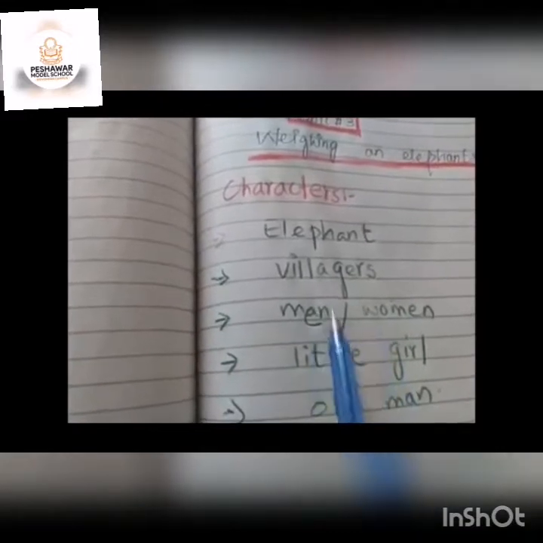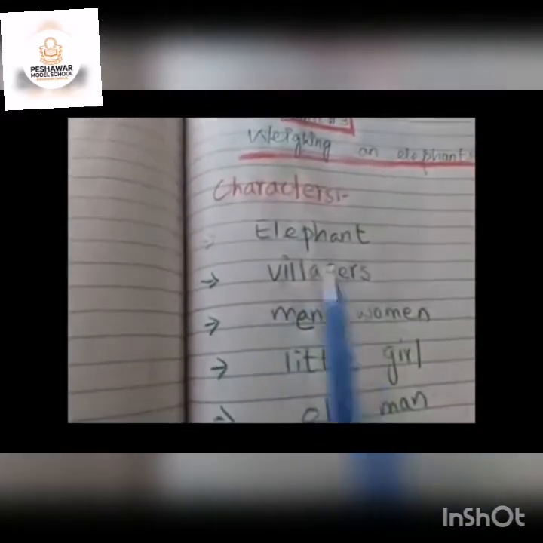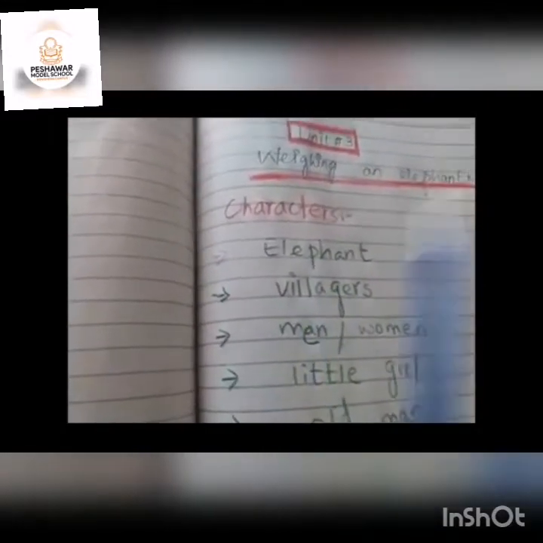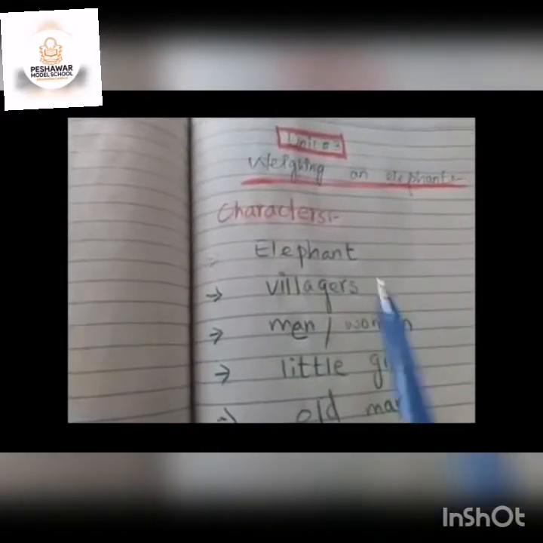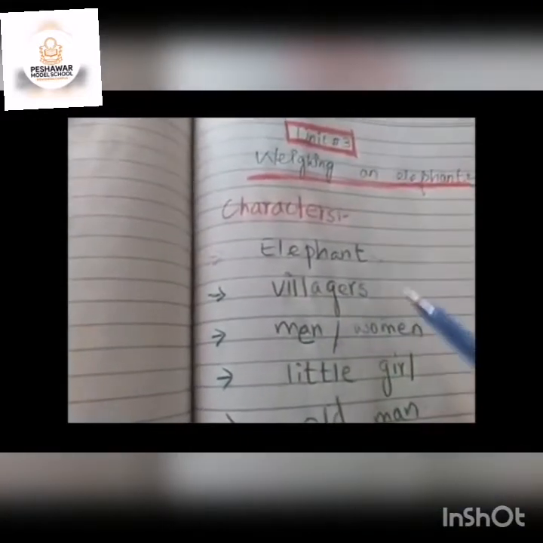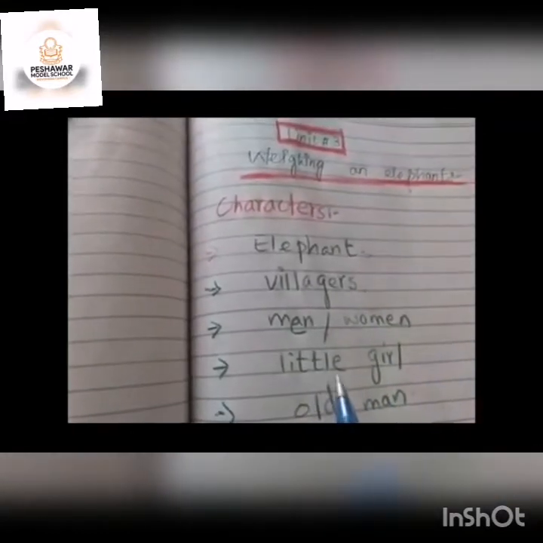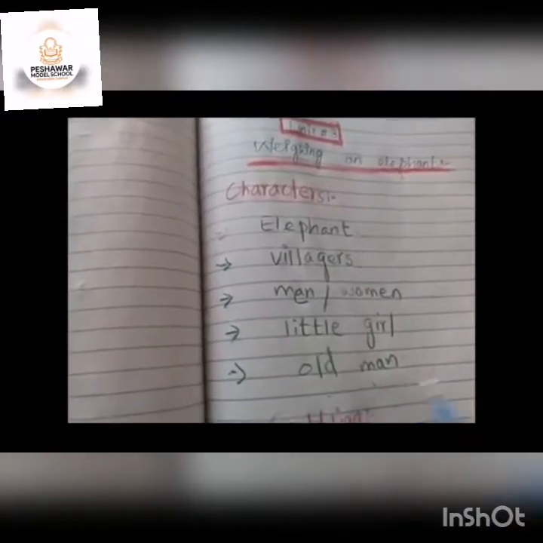So that is why I have mentioned them separately. Otherwise, the whole village is the character because the whole village was there when the elephant came wandering into the village. So the characters are the elephant, villagers, man, woman, little girl and old man.